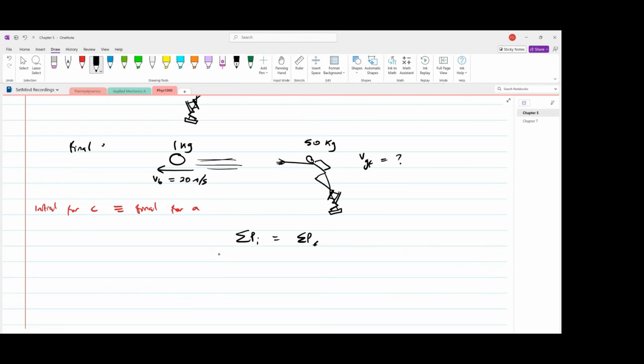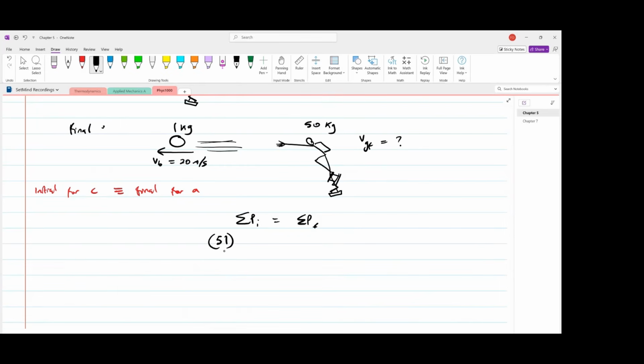Okay. So now we're going to have 50 times, 51 times the speed of 0.1961 is equal to a 1 kilogram. Sorry, our sign convention, we've been using right as positive.